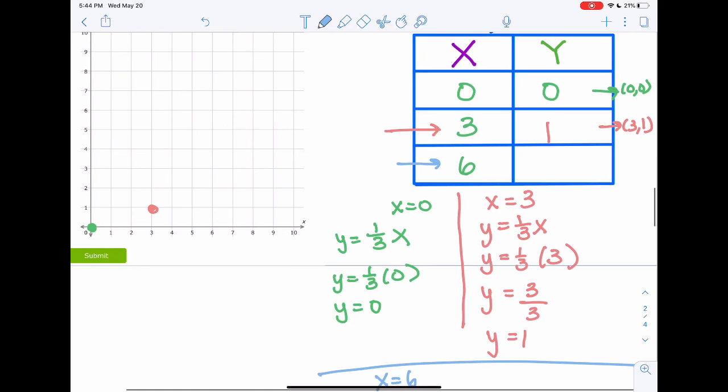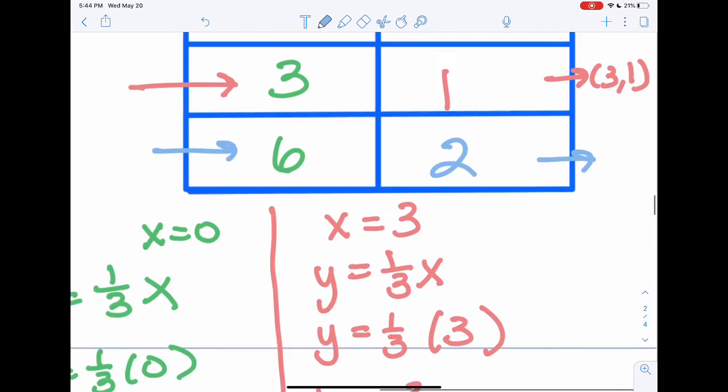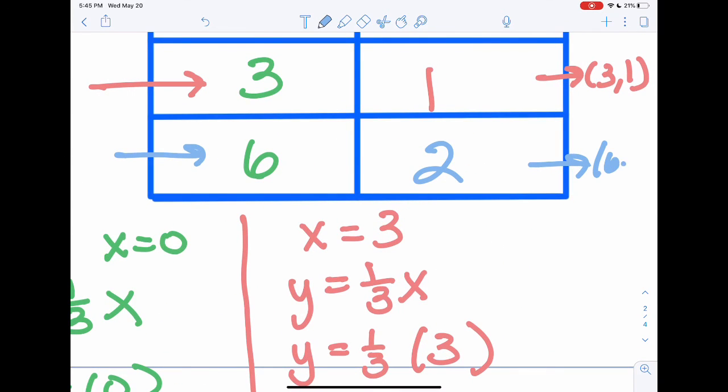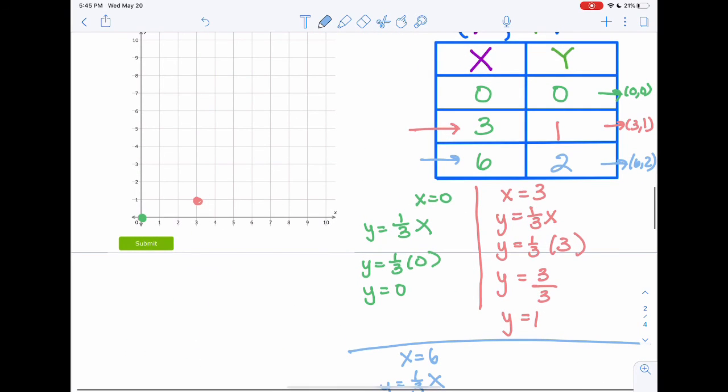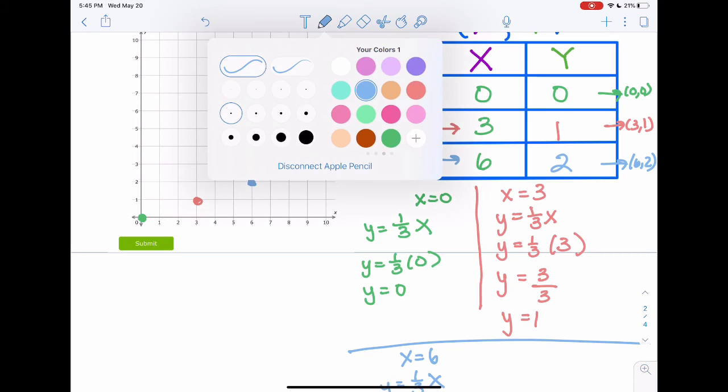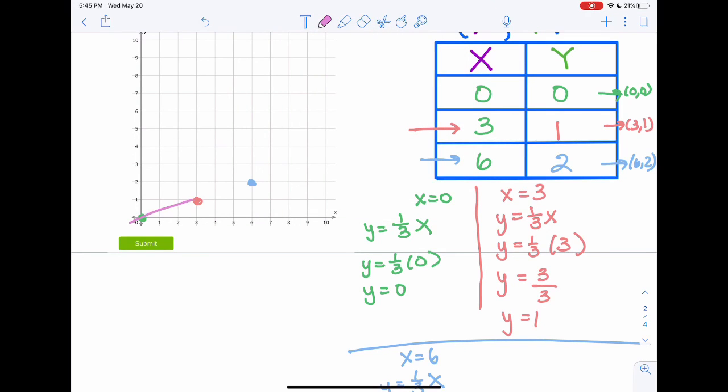So when x equals 6, my y equals 2. So my point's going to be 6, 2. So I'm going to go to 6 in my x-axis and then go up 2. I'm going to pick a different color and connect them to form my line.